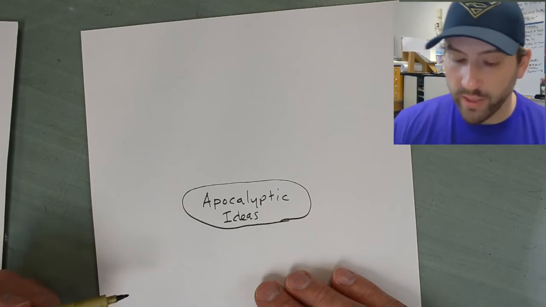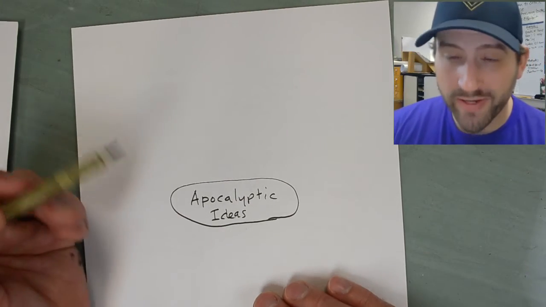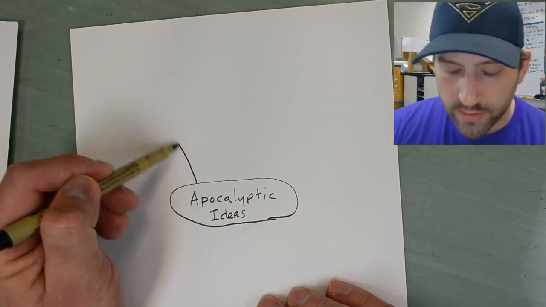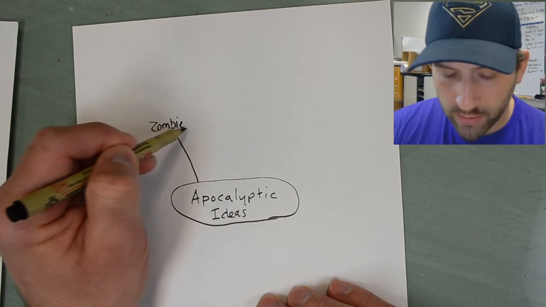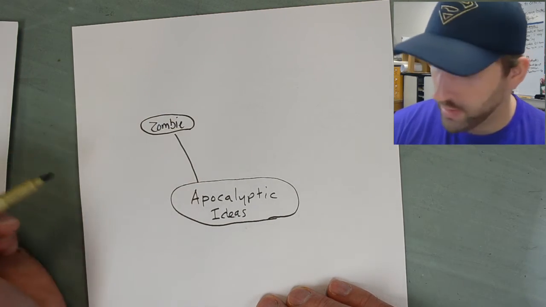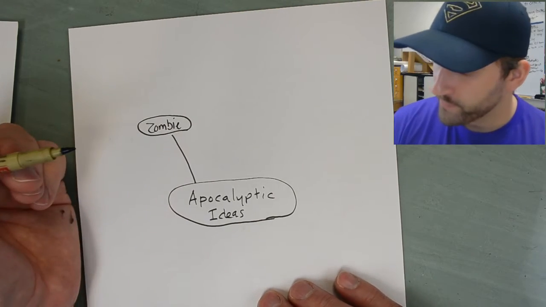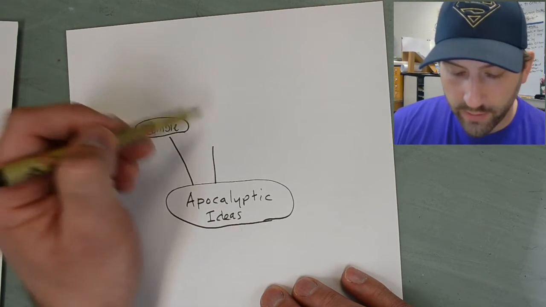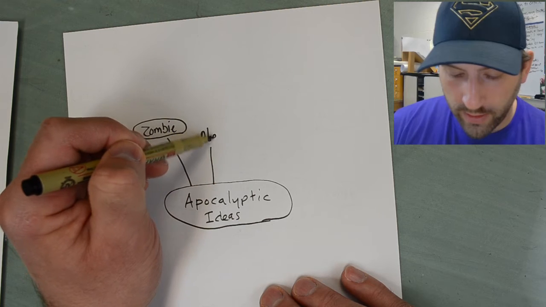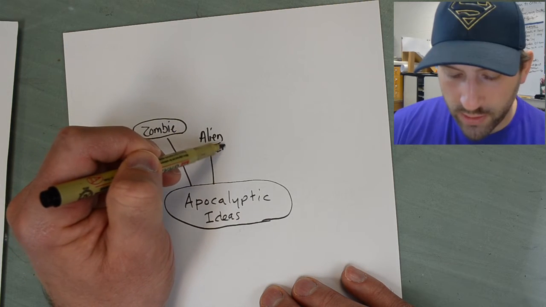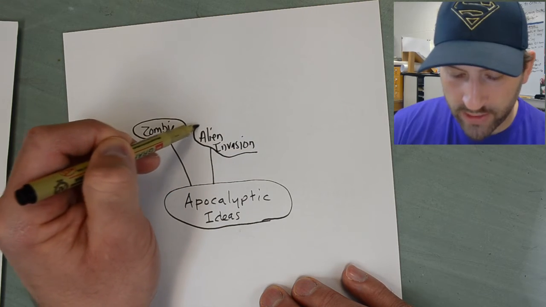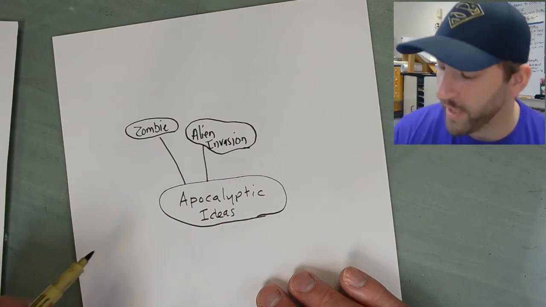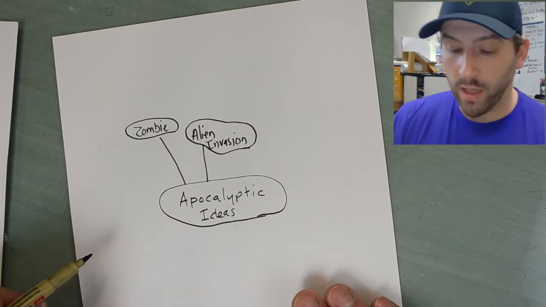I'm sure you guys can come up with them too. Maybe you're already thinking of them. So, zombie apocalypse. Think of alien invasion. So I'm basically thinking about the different ideas about apocalyptic ideas.